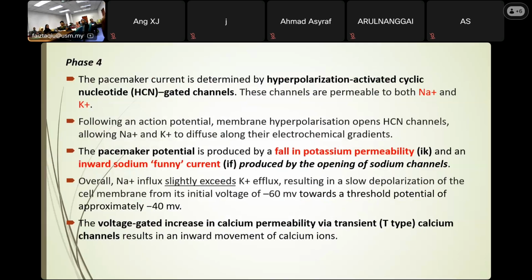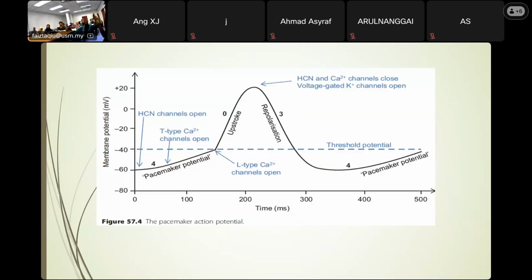This one, they go according to their concentration gradient. This is where the inward sodium funny currents occur. If you see this funny current in the textbook, this is where it occurs. That's why there's a transient increase rather than a sudden depolarization.